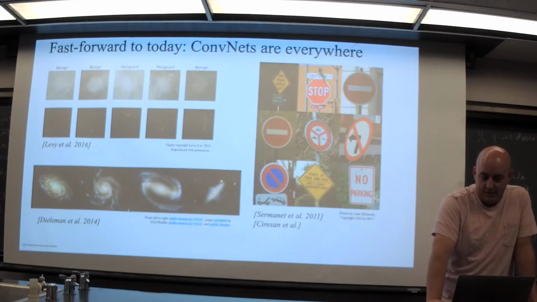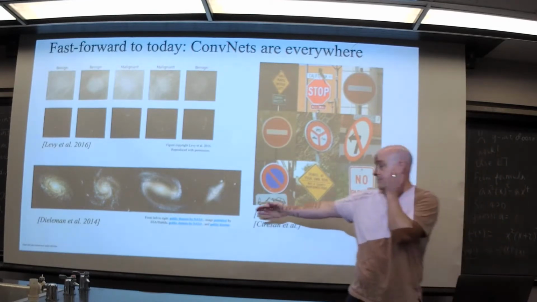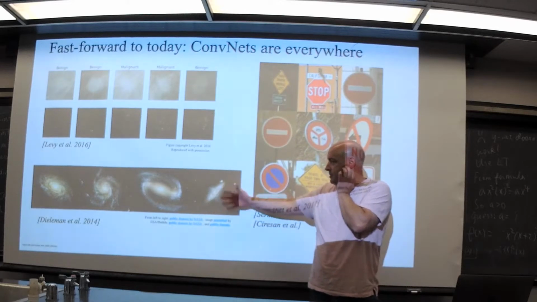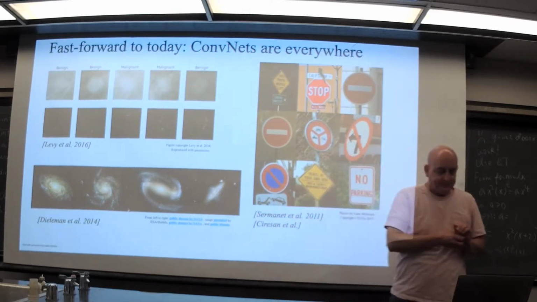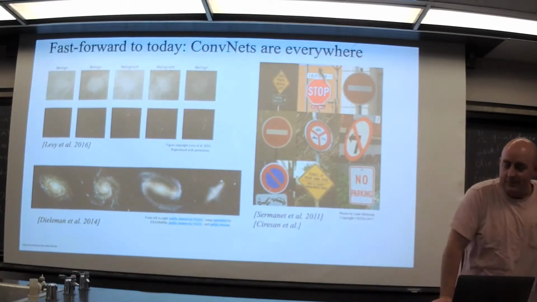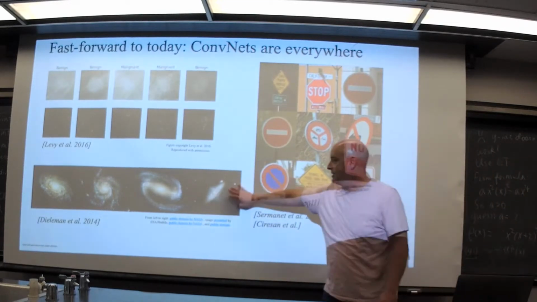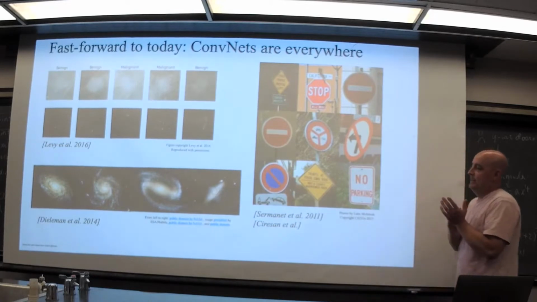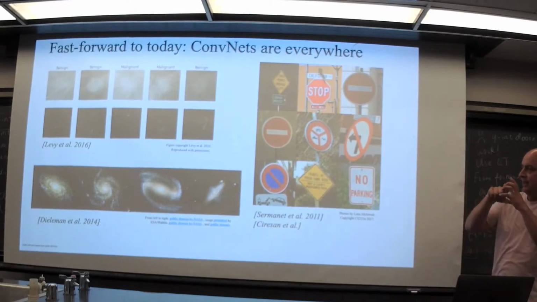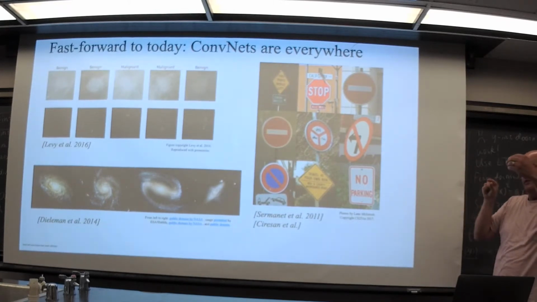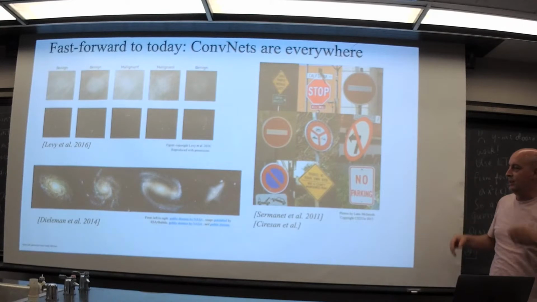One of the cooler things that's happening, this is kind of old now, but there are way more modern versions of this. People are using convolutional networks and doing science with them. What's done here is, these are pictures of galaxies, and these get auto-encoded. The idea is that you have a very high dimensional, high resolution image, and you compress it down to a very small vector, at least compared to the size of the image.